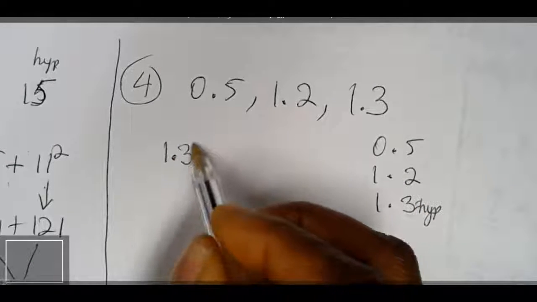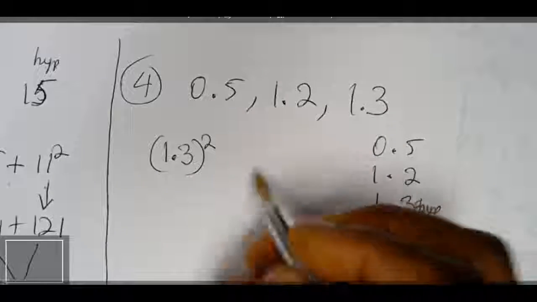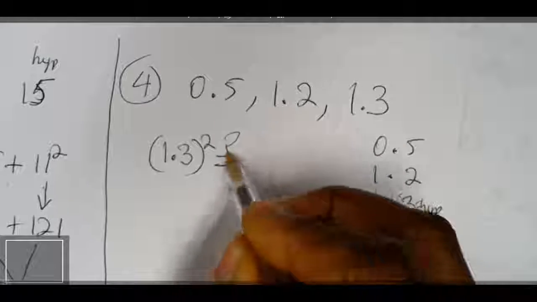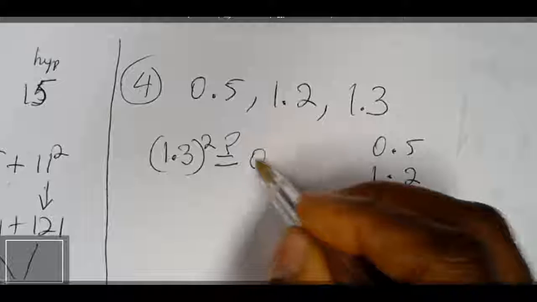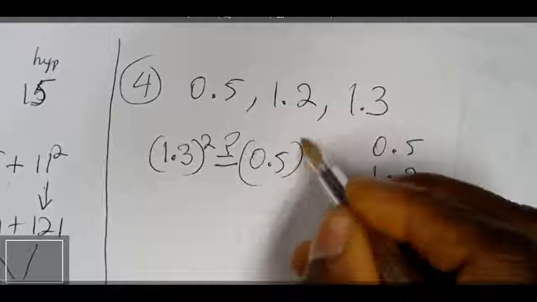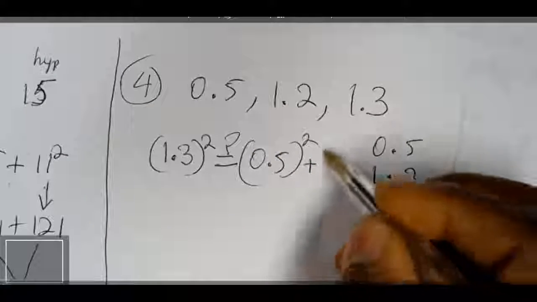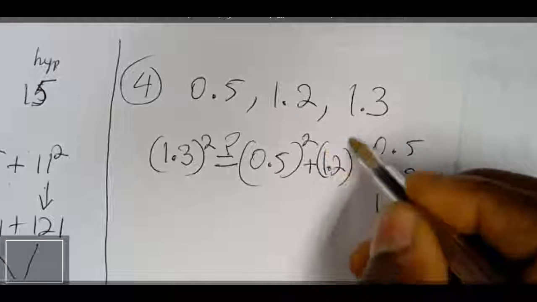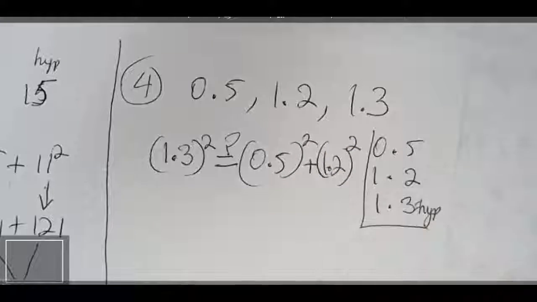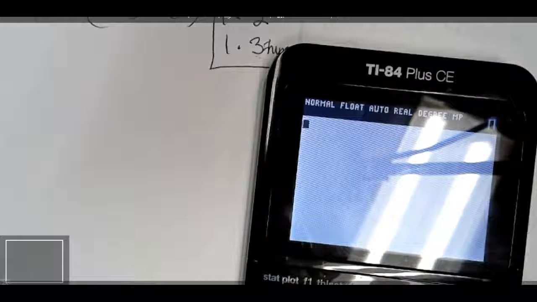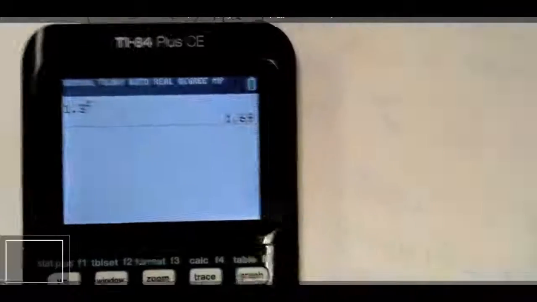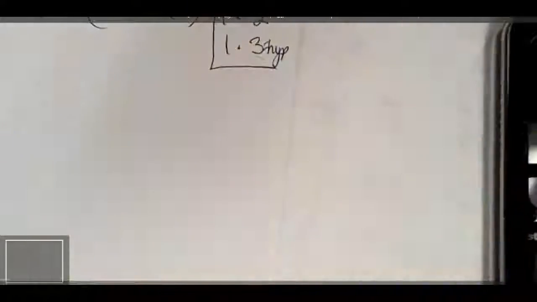So 1.3 squared, does it equal 0.5 squared plus 1.2 squared? Okay, then plug into the calculator. So 1.3 squared is 1.69.